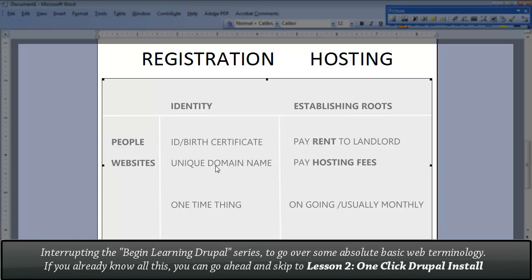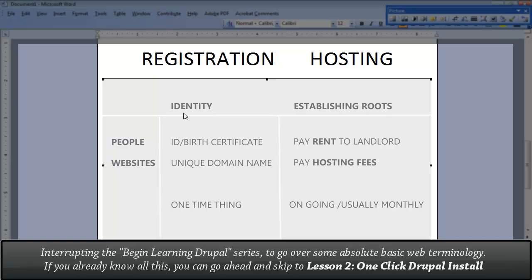So once you buy that website, unless you don't pay for that registration fee every year, you pretty much have that name. And the point I'm trying to make here is that it is a unique domain name, and generally you register it only once. So you don't register it every year, but you pay for registration fees every year.